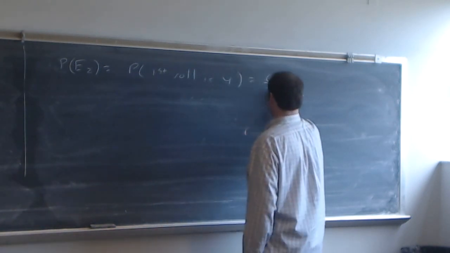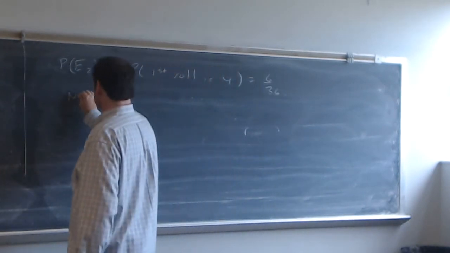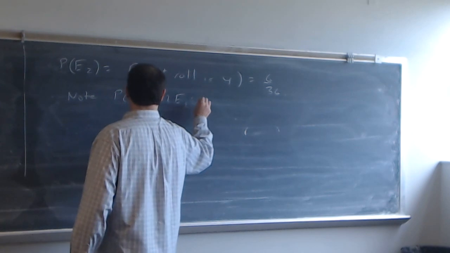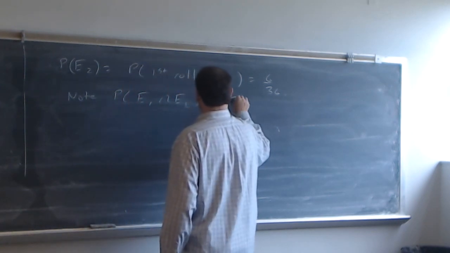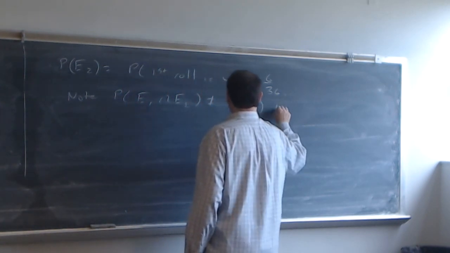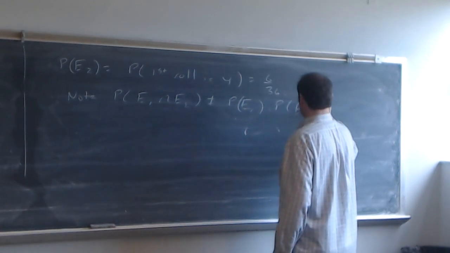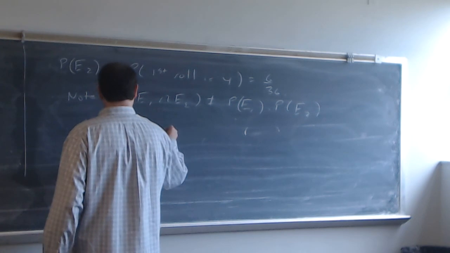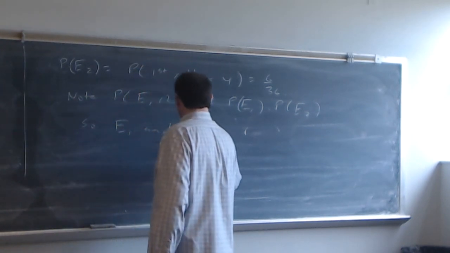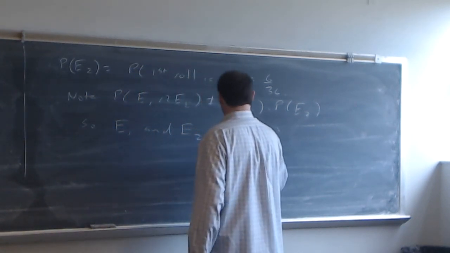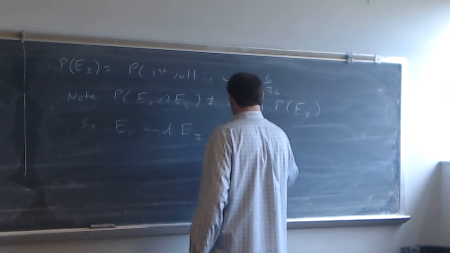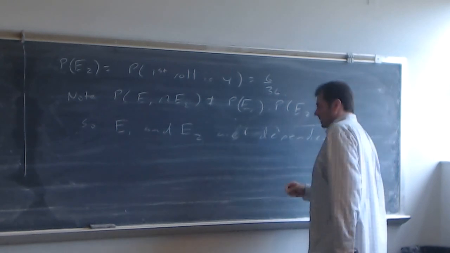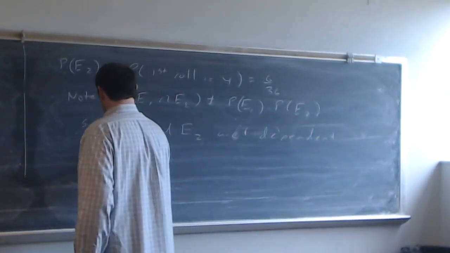That's 6 out of 36. So note the probability of E1 intersect E2 does not equal the probability of E1 times the probability of E2. So E1 and E2 are dependent events. That means not independent.